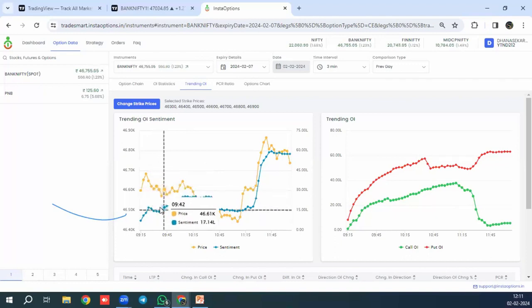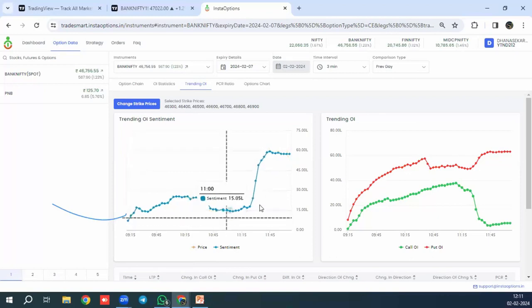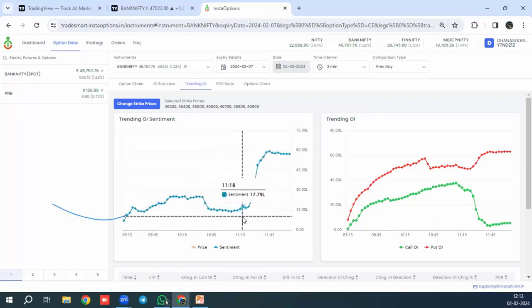Even at this point, it was consolidating and slowly going up, but Bank Nifty was moving towards downside. Here still there was a consolidation, but Bank Nifty was moving downside. And even at this point, there was good consolidation in the sentiment, but Bank Nifty was moving downside.